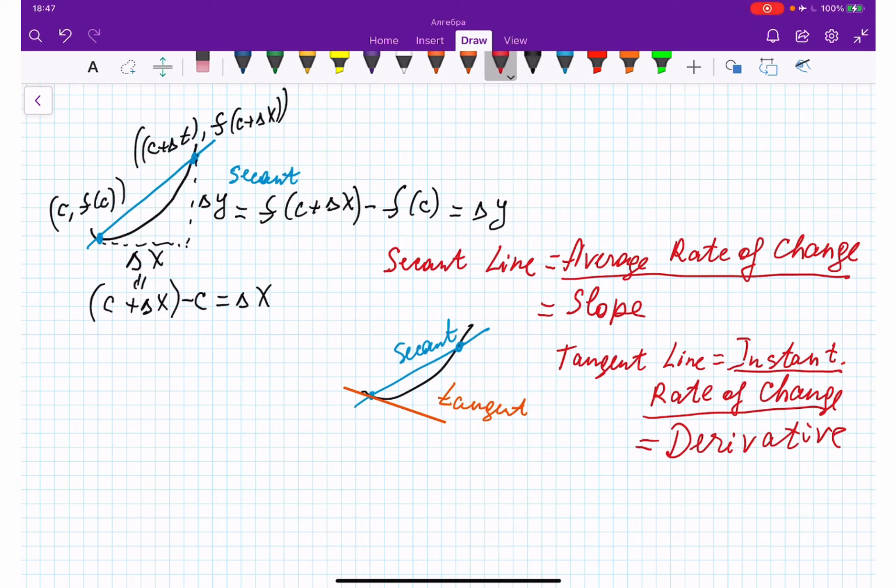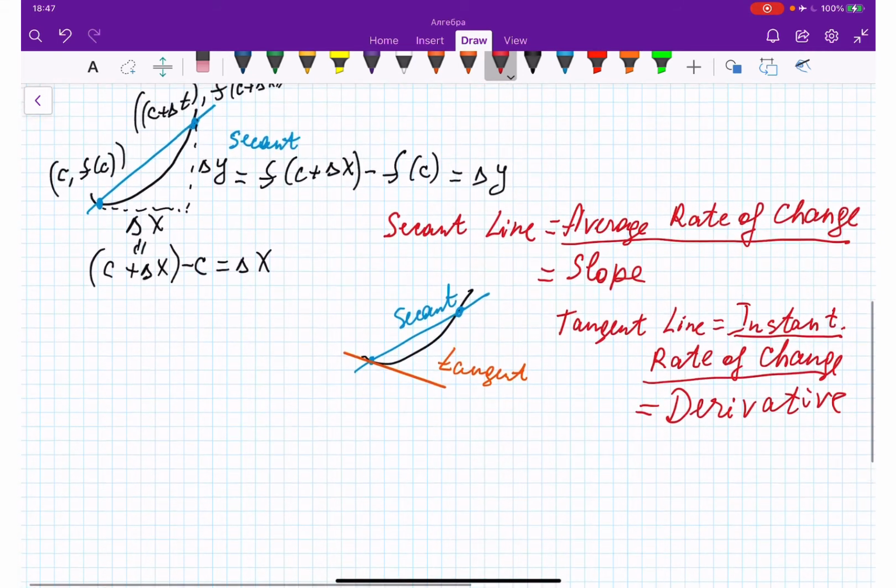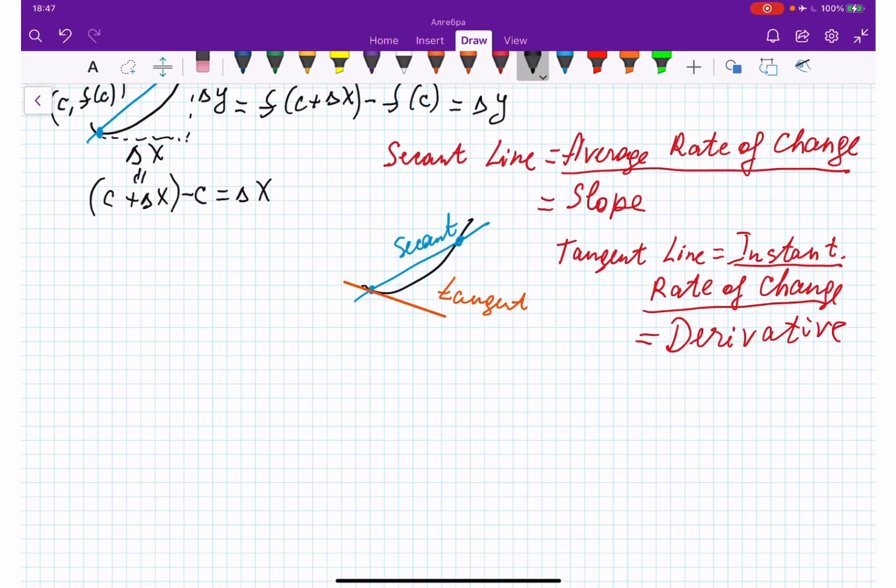So how can we get it? Let's say I take a secant line. I keep taking this curve because it's a bright example and it shows very well. Let's say here is my secant.